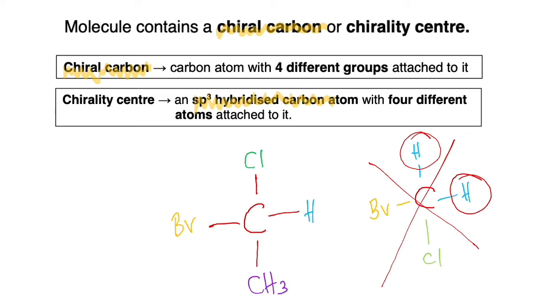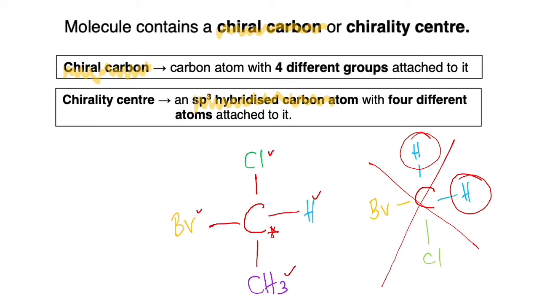Okay, dia mesti 4 yang berbeza. And then, 4 yang berbeza itu tak semestinya atom. Macam ni atom. Boleh juga group of atom. Okay. Dan ingat mesti sp3. sp3 maksudnya ada 4 single bond lah.